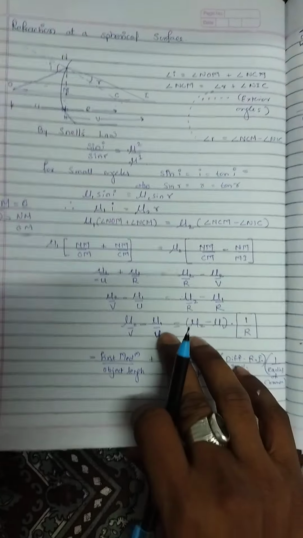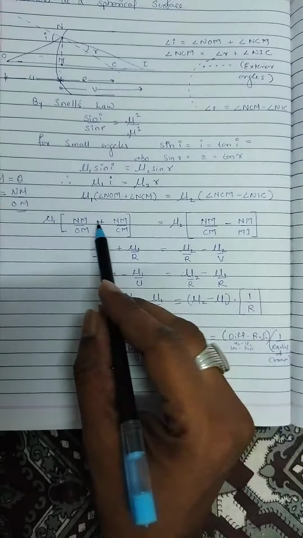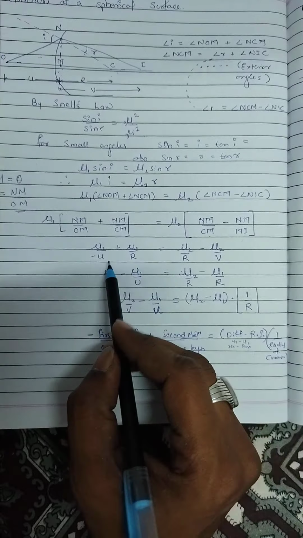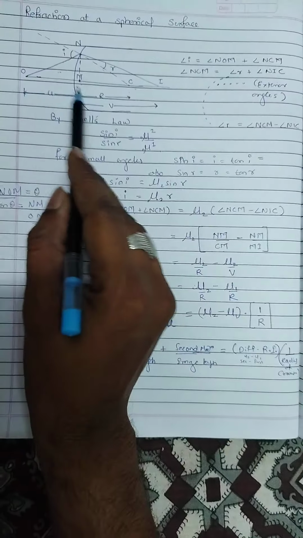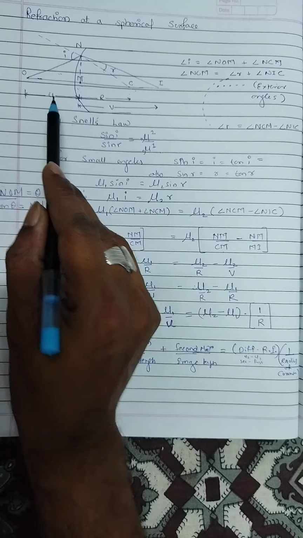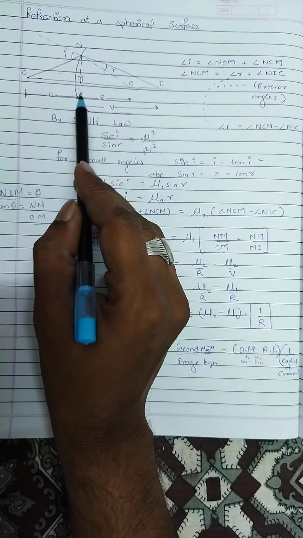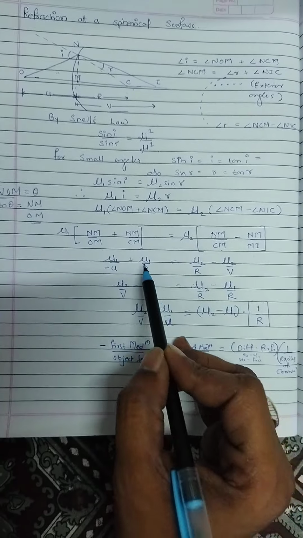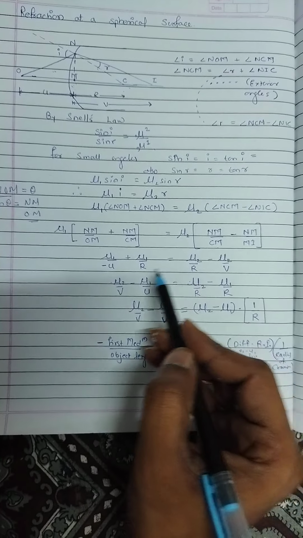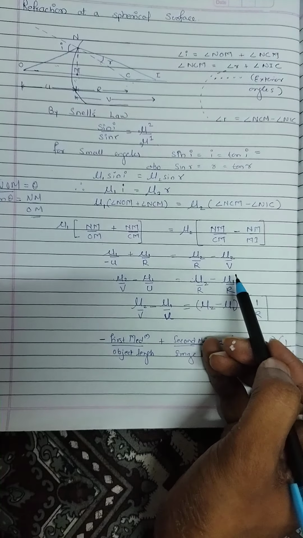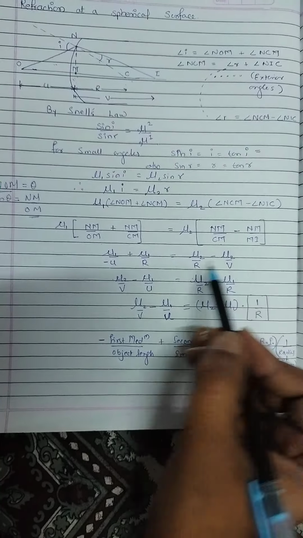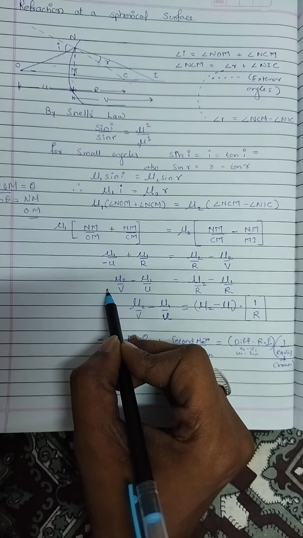Now we have to simplify further. NM is common and cancels. Instead of OM we can write on the left hand side, since the distances are negative, minus u1 upon, taking this term on this side as positive.